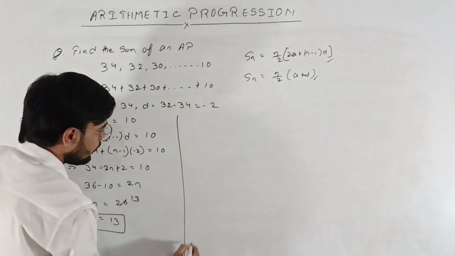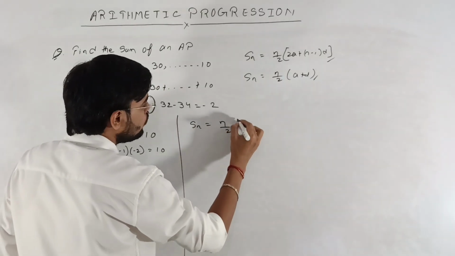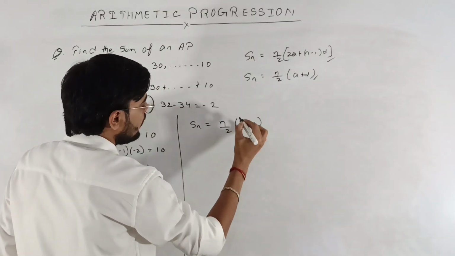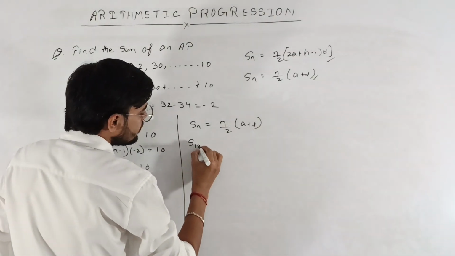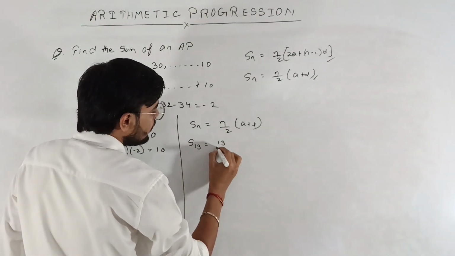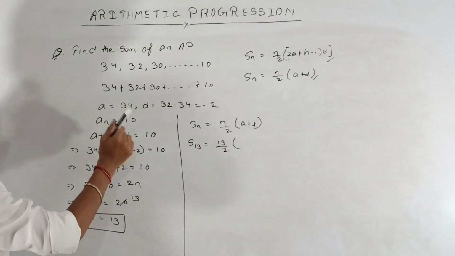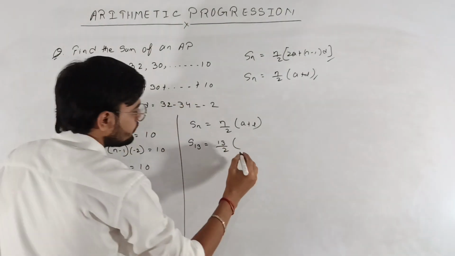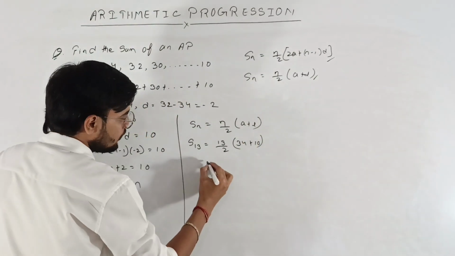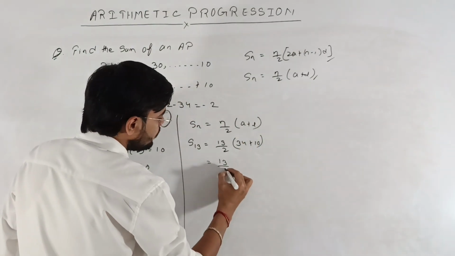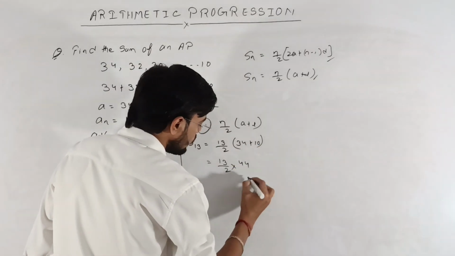Now S_n is n upon 2 times (a plus L). Now n is 13. So S_13 is equal to 13 upon 2 times (a plus L). a is 34. L is the last term, which is 10. 34 plus 10. Now 13 upon 2 into 44.